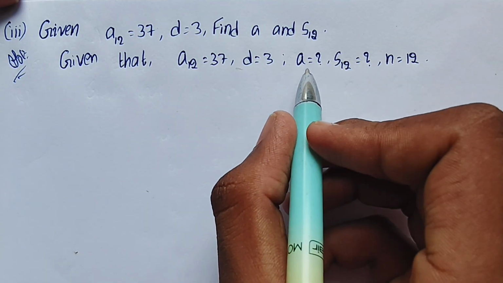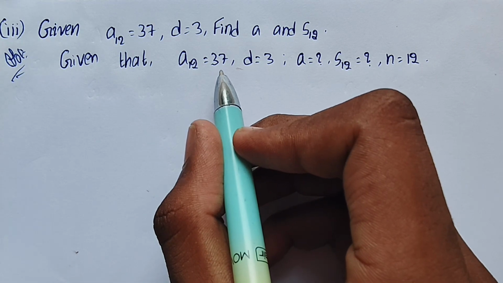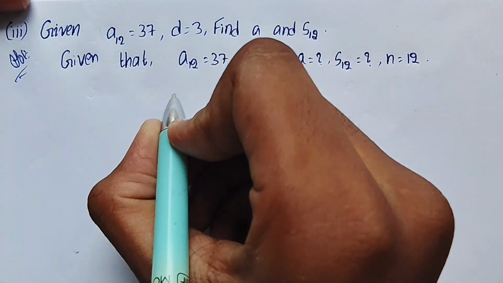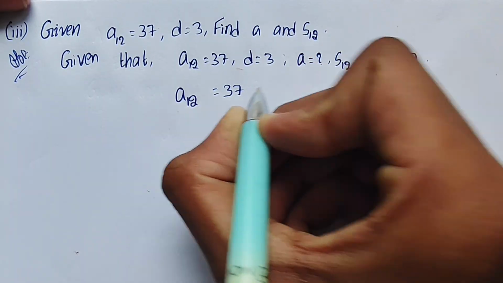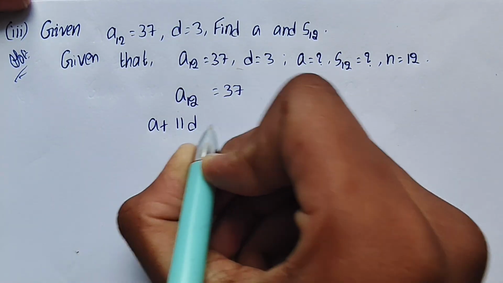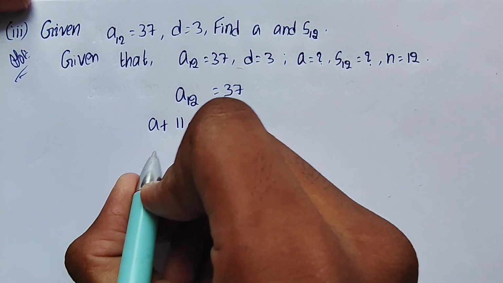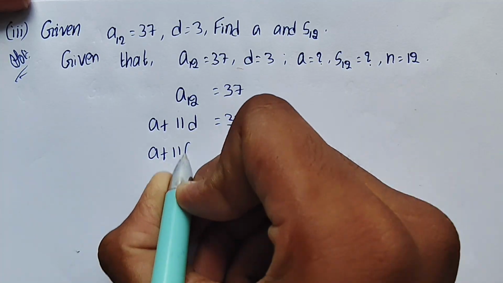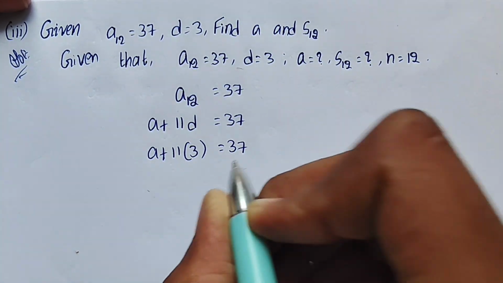First I am going to find out the value of a by taking a12, the 12th term, is equal to 37. A12 can be written as a plus 11d equals 37. The value of a we don't know, so a plus 11 times the value of d, which is 3, is equal to 37.